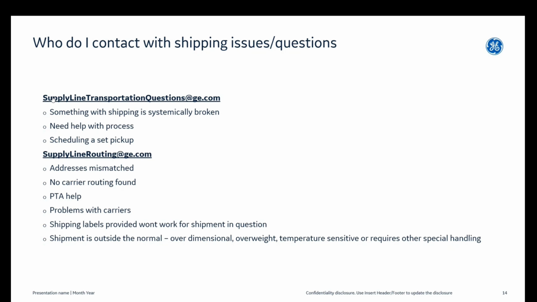It has permits, etc. If something's overweight, if you're shipping 20,000 pounds of material, reach out to us. If you're shipping something with dry ice or that is temperature sensitive, that has to be kept cold, etc. Anything with the shipment, if anything is outside the norm, reach out to us. Let us know in advance. SupplyLine routing at ge.com. They'll get you squared away.